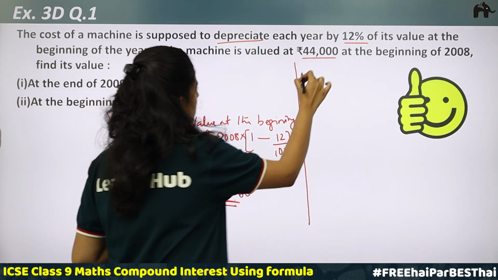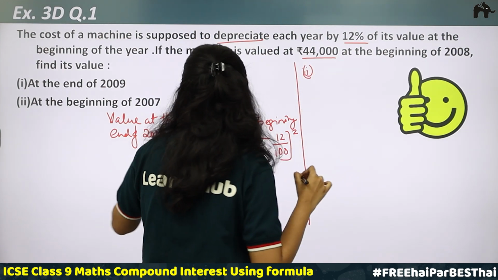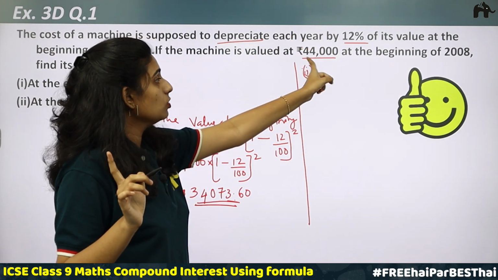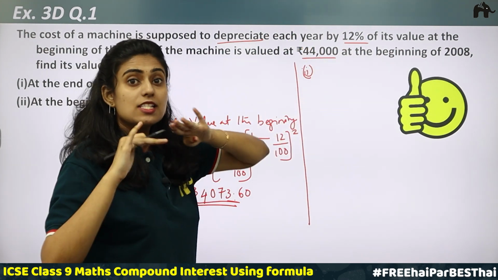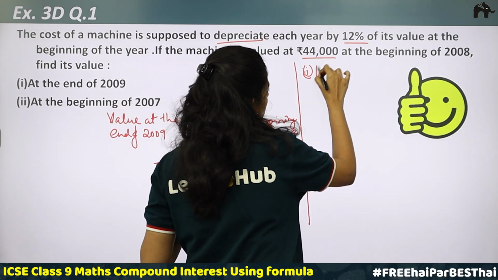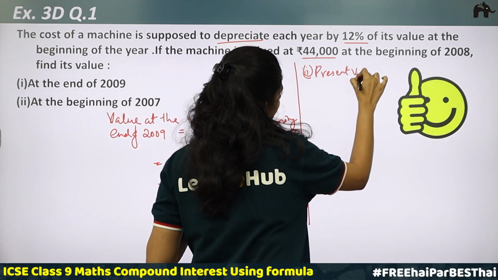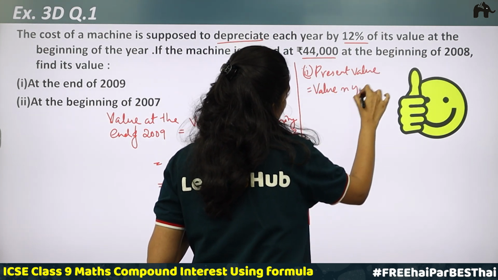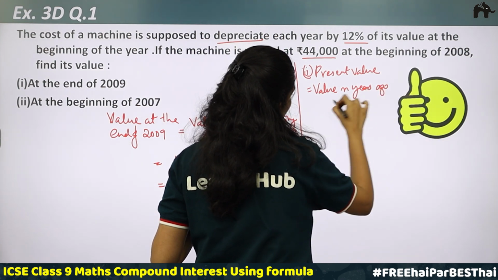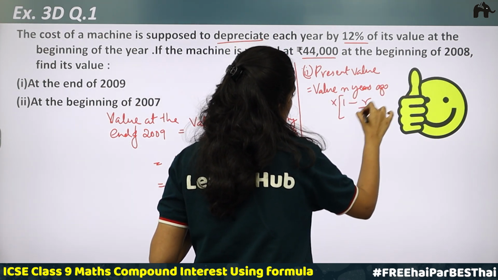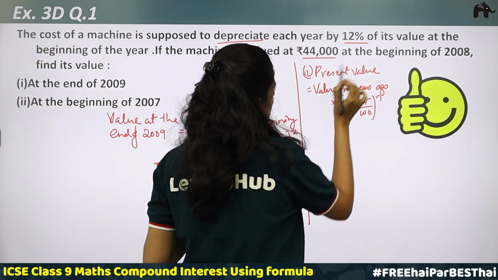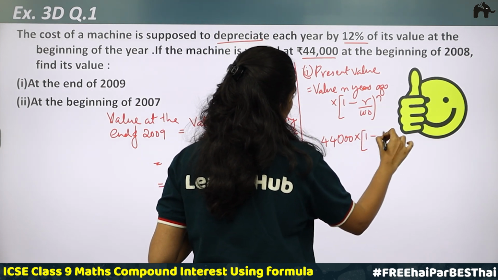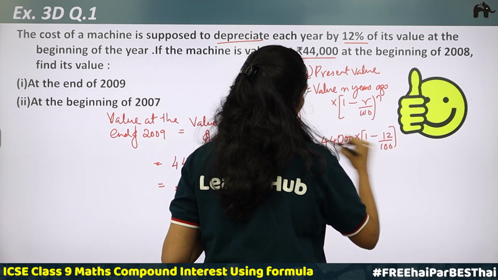Now, the second part of the question, we have to find the value at the beginning of 2007. Here at the beginning of 2008 it is given. Okay, that is the present value. Present value is equal to value n years ago into 1 minus r by 100 raised to n. What is the present value? 44,000 into 1 minus 12 by 100 whole raised to n.